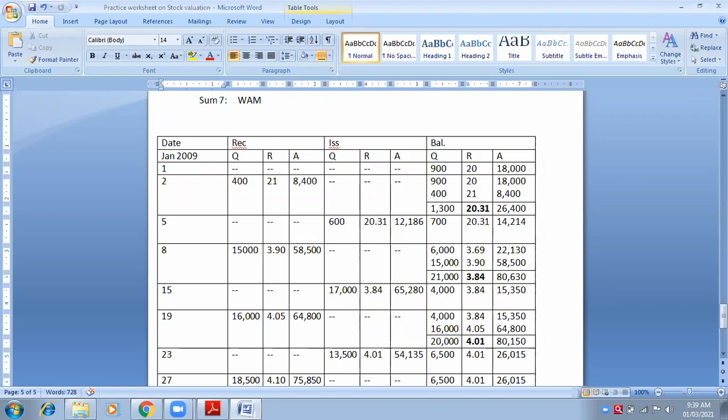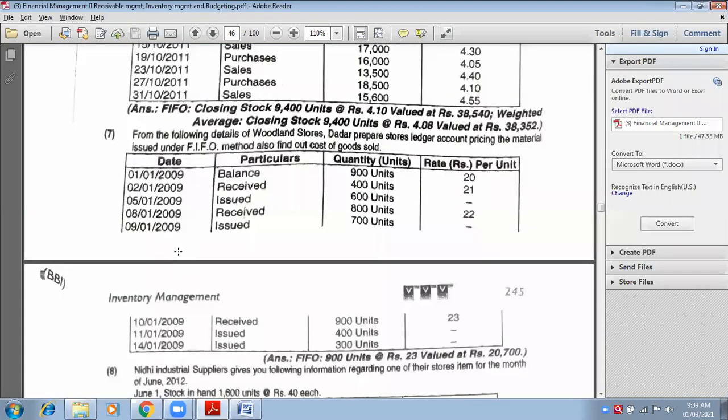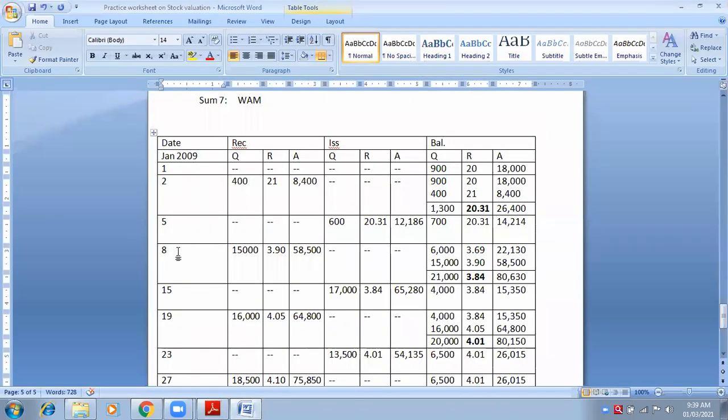So what happens on 8th date? Received 800 units at the rate 22. So 800 units into 22. So what will be the amount? 17,600. Issue will be nil and come to the balance.